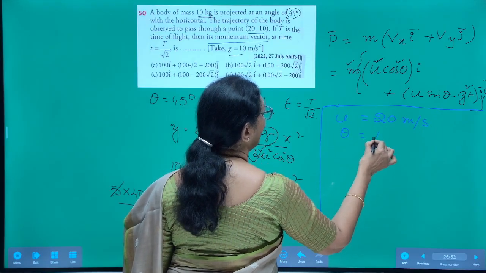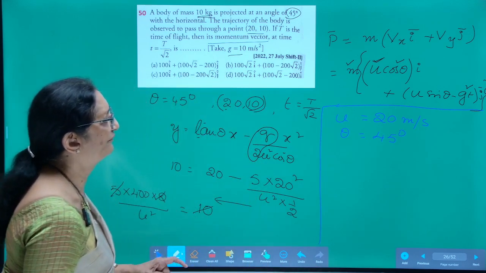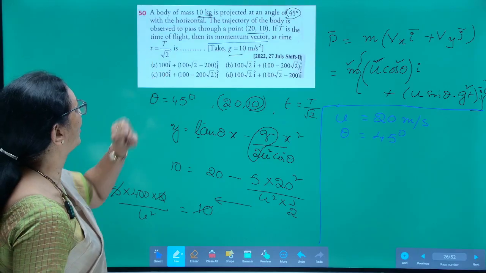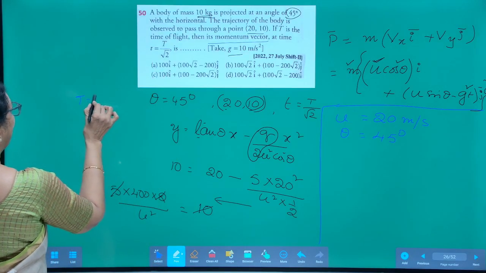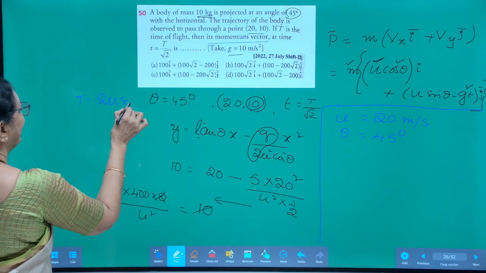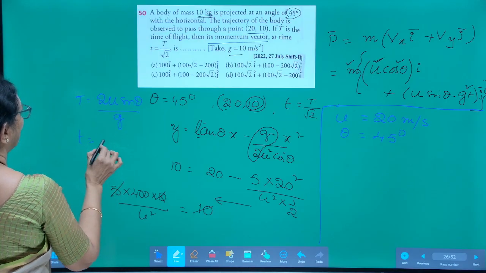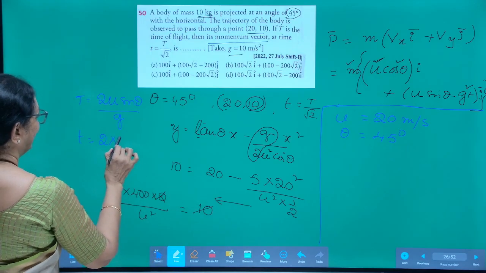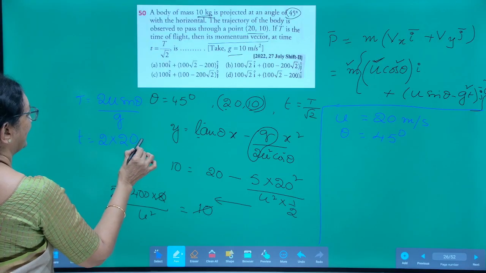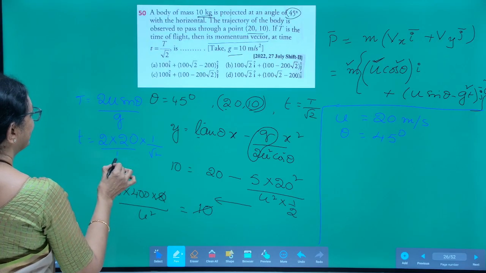Theta is given as 45 degrees. Now, you have to find out t. Small t is t by root 2. So, t is 2 u sin theta by g. So, t is equal to 2 into u, which is 20, just now we found its value, into sin theta, 1 by root 2, divided by g, which is 10.